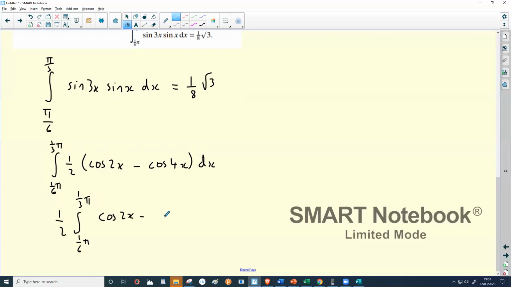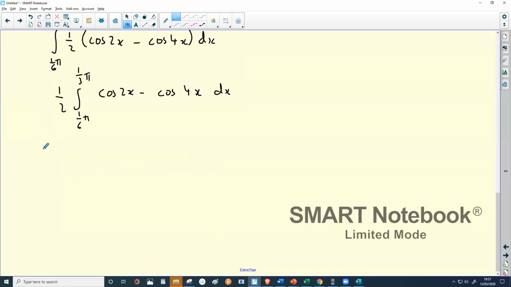And hopefully now it should be fairly straightforward to integrate. The integral of cos ax is 1 over a sin ax.